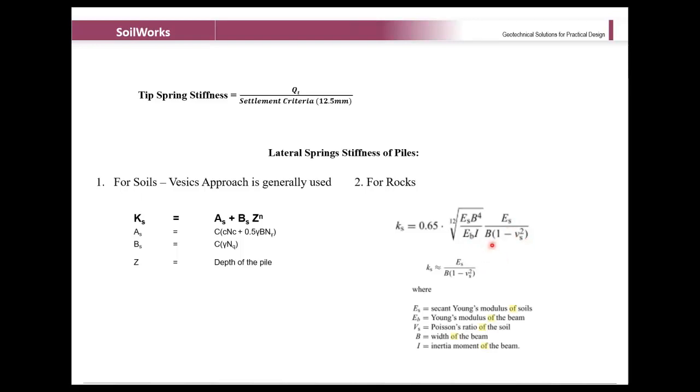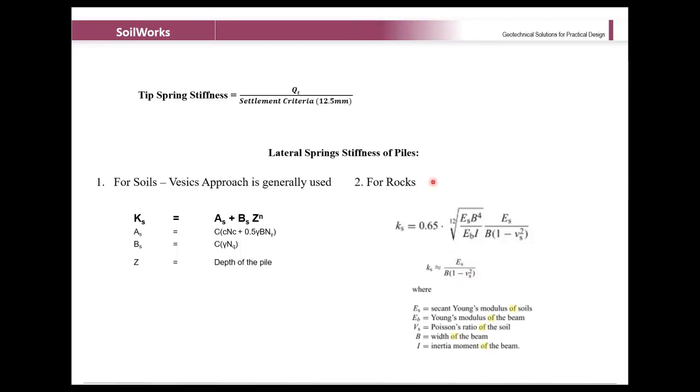This particular term will be almost equal to 1 whenever you input all the parameters, so that the Ks will equal Es divided by B into 1 minus Vs square. So this is for rocks.